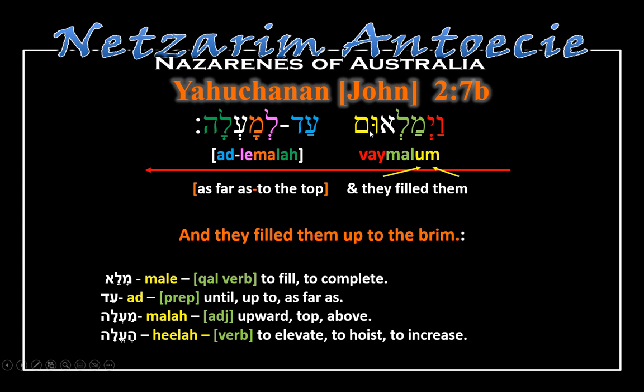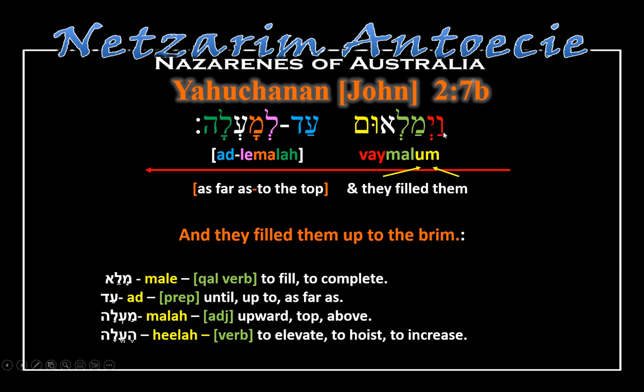Ve malum, and they filled them. So how do we get that? Firstly, the root is malay, kol verb to fill, to complete, to fill, right? So we got mala there, or malay. And then we got un. Now the u can be taken as they.